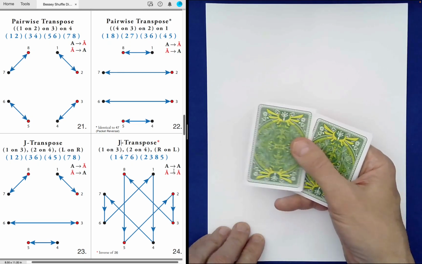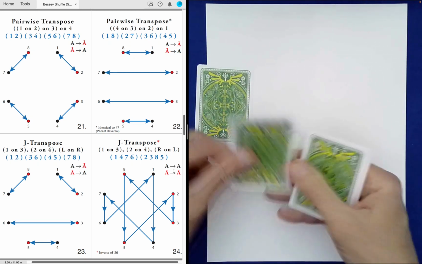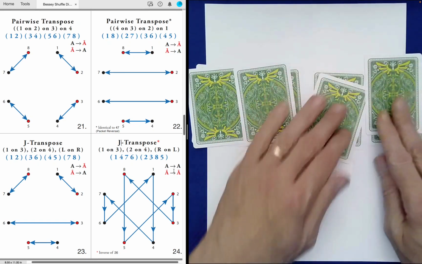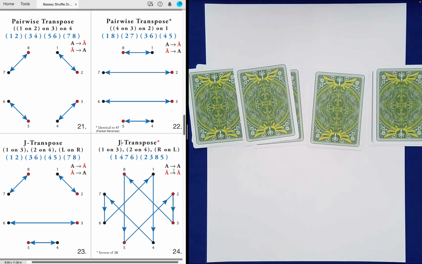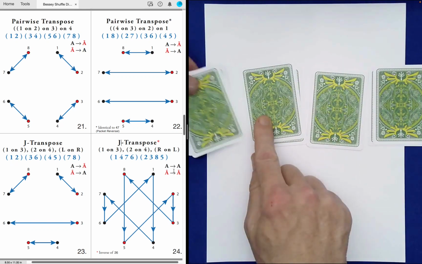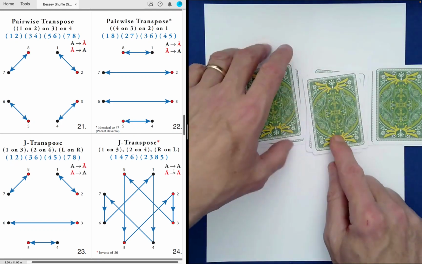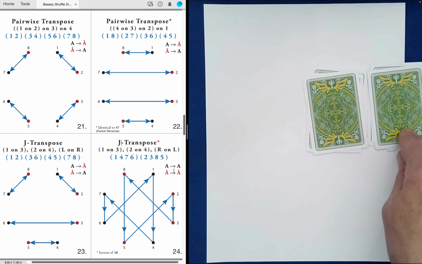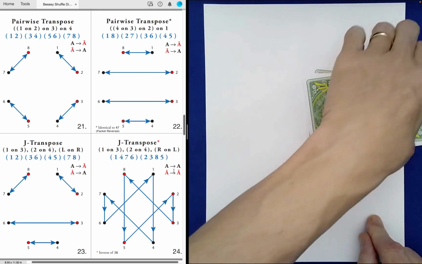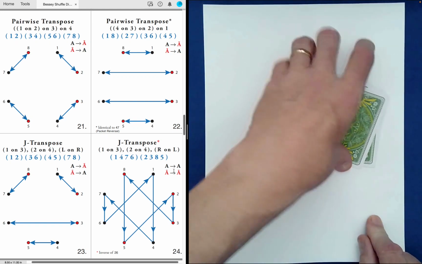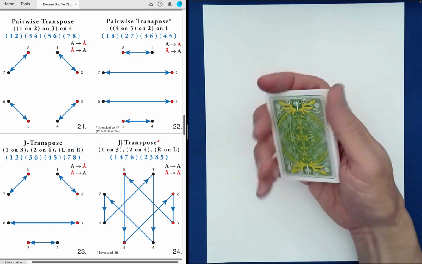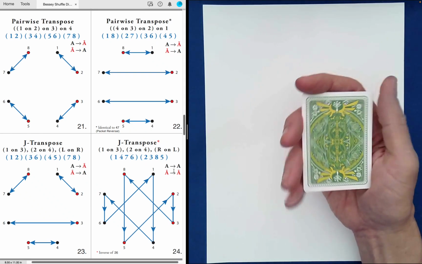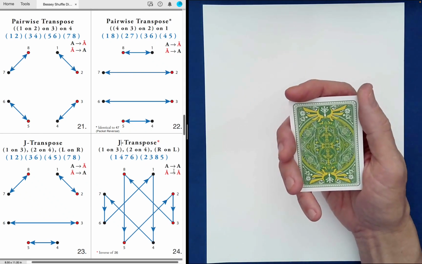So 24. This is where you deal into 1, 2, 1, 2, and 4 piles. And then for 24, we're leapfrogging: stacking pile 1 on top of pile 3, 2 on top of pile 4, and then for shuffle 24, we're stacking the right pile on top of the left. If you were here, I'd have you randomly choose one among shuffles 21, 22, 23, since they invert it. So maybe you'll say 23.